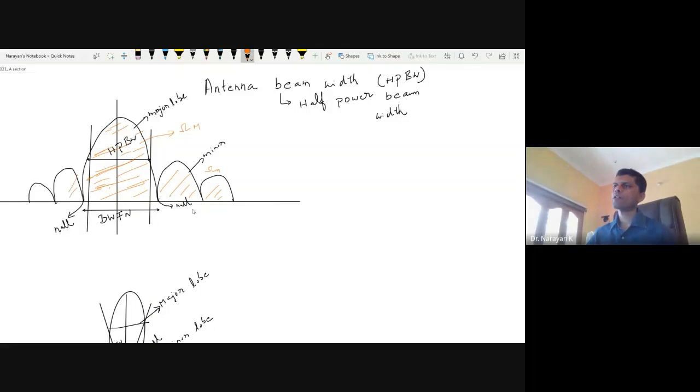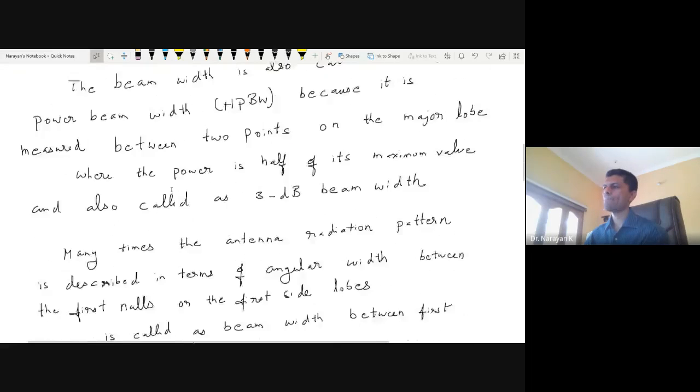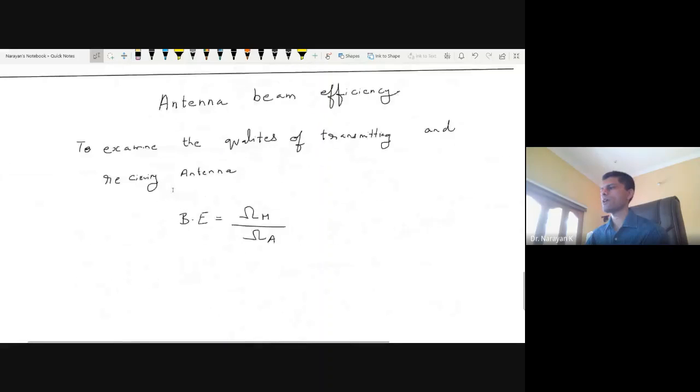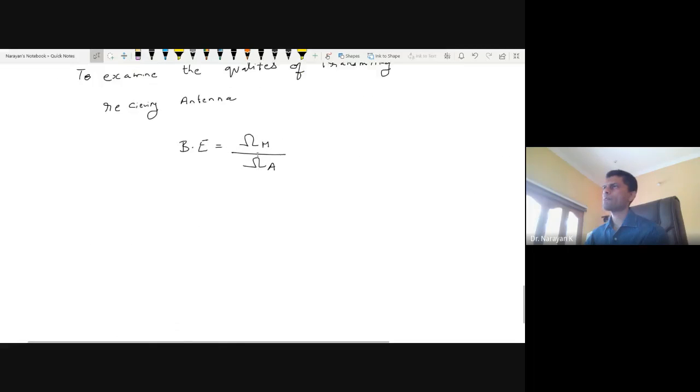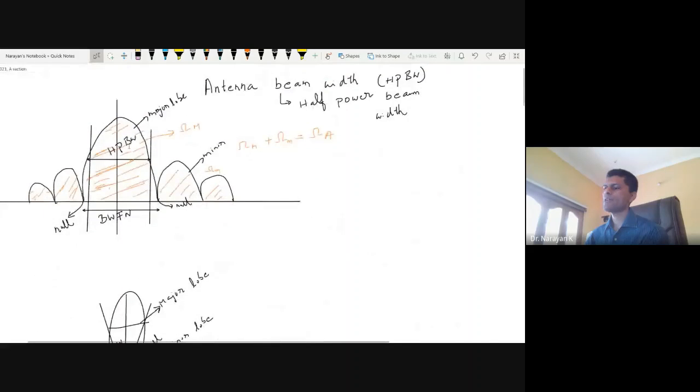So if you are finding the total area under the major lobe and minor lobe together, this omega M plus omega m, small m, is your total beam area omega A. So please remember that major lobe area plus minor lobe area, the minor lobes being the intermediate or side lobes, is your total beam area omega A. The top one is nothing but only the area coming under the major lobe.